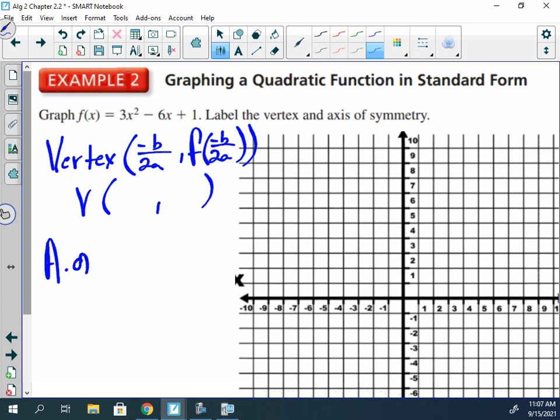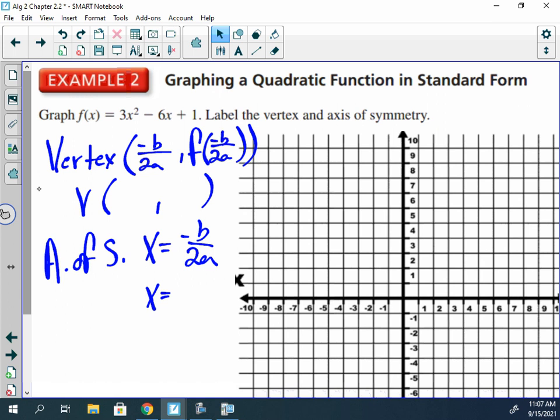And the axis of symmetry is x is equal to -b over 2a. So let's start off with writing this here because we're going to fill those in. And we know A of S is really just the axis of symmetry.